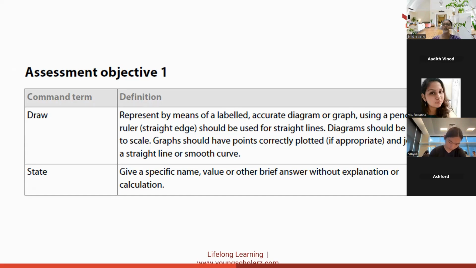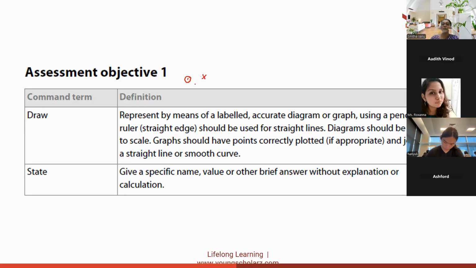If it's a graph, then the axes should be properly labeled. You should have the units written. So if you're plotting a point, the point has to be a dot with a circle or a cross. So for graphs, the expectation is every point has to be a dot with a circle or a cross, nothing other than these.